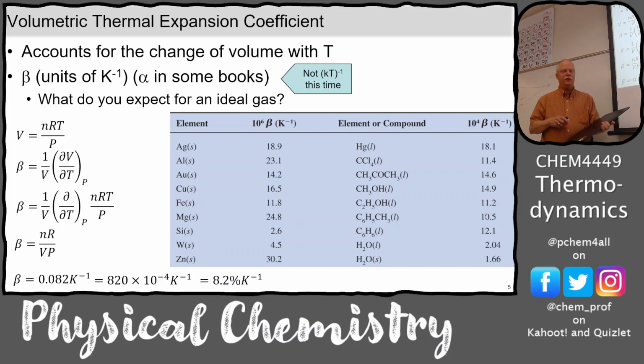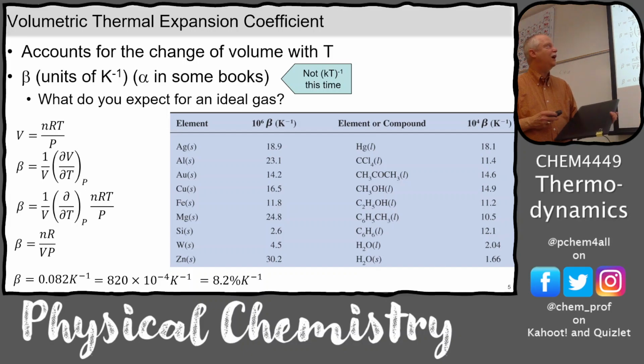So it's about 8.2% per Kelvin. So that's for an ideal gas. So if I change the temperature 1 Kelvin, the gas expands 8%, which is a pretty big expansion compared to the liquids and solids. So let's look at the table that has the information for liquids and solids.